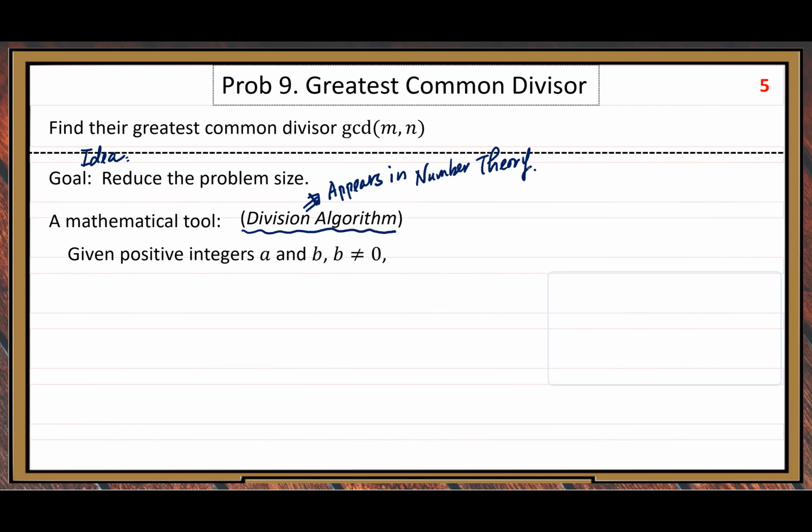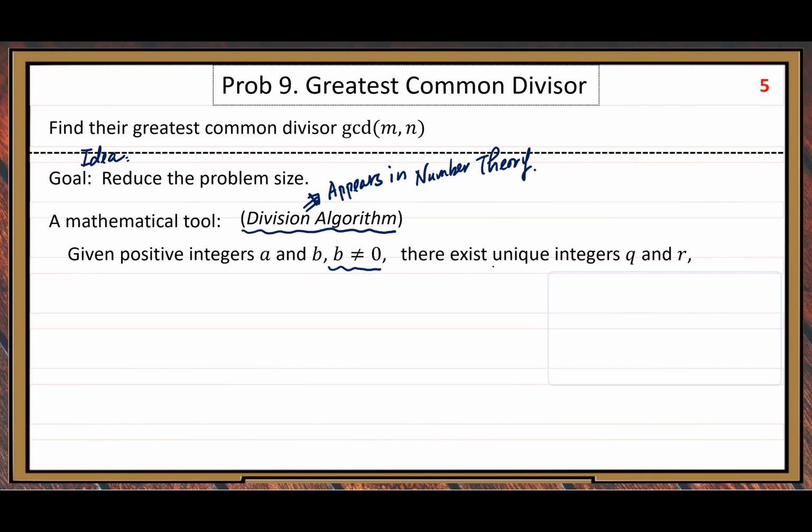What's that? Given positive integers a and b, b is not equal to 0 because we want to use b as the divisor. The divisor cannot be 0. So we can make this assumption, b not equal to 0. Then the conclusion: there exist unique integers q and r.